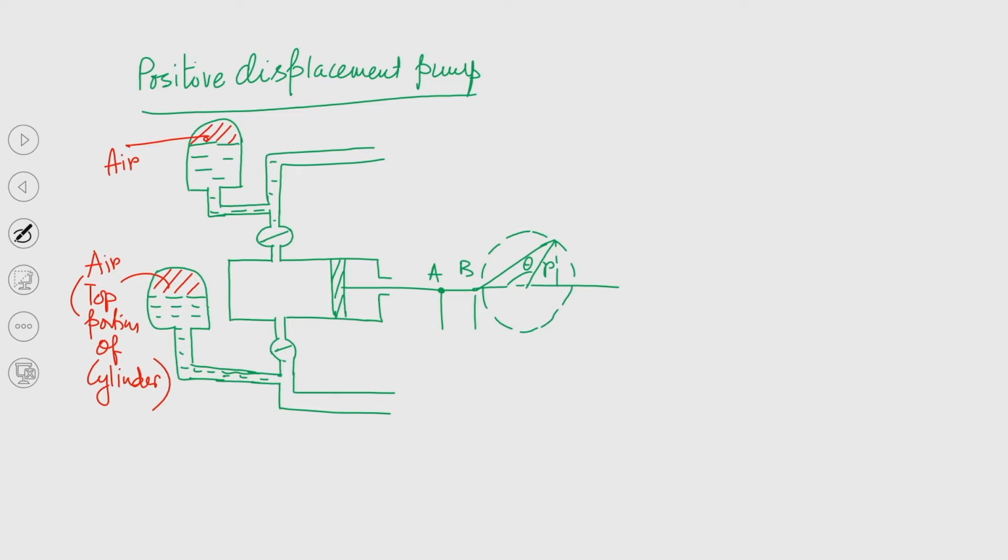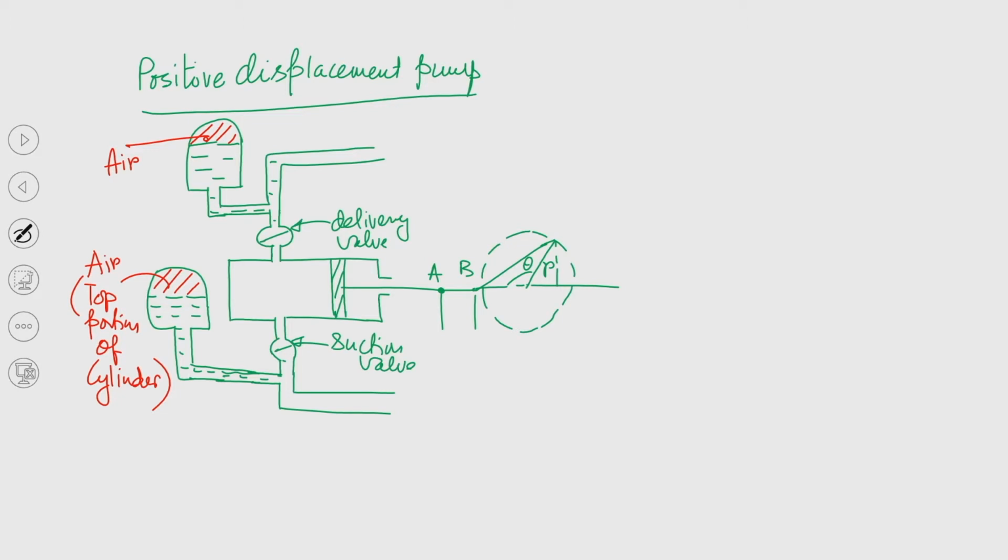The suction air chamber, connected to the suction pipeline, is just below the suction valve, and this is the delivery valve. The air chamber on the delivery side is connected immediately after the delivery valve.